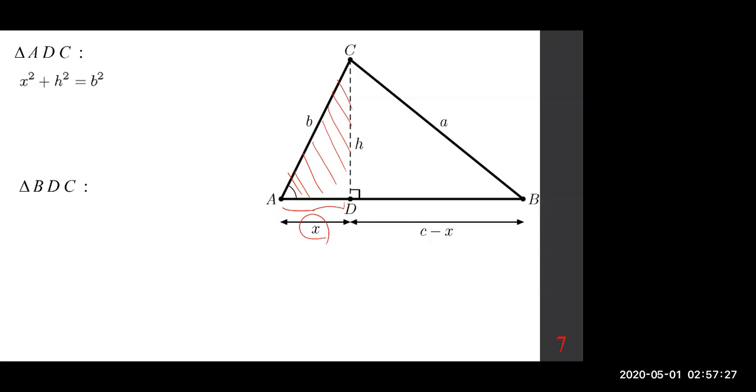Also, cosine A is the adjacent, which is x, over the hypotenuse, which is b. And we can do the cross product. x becomes b cosine A. So that's dealing with the left side.